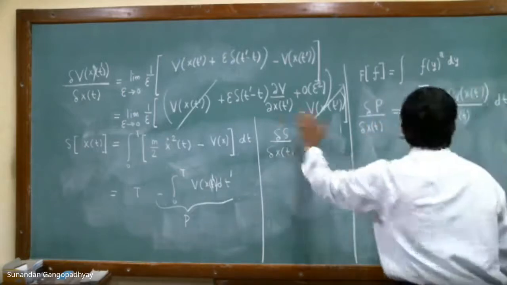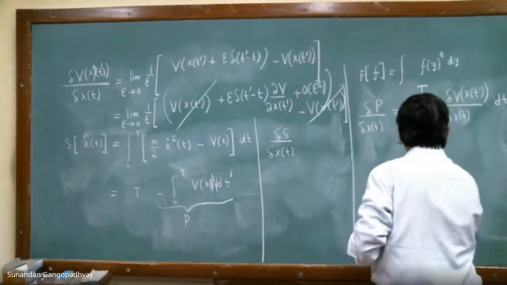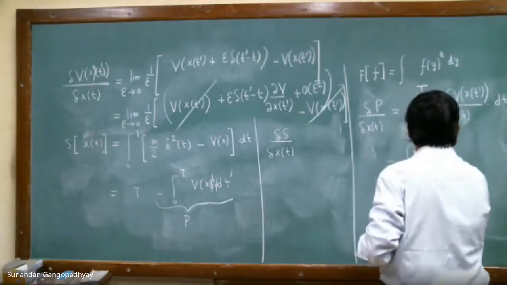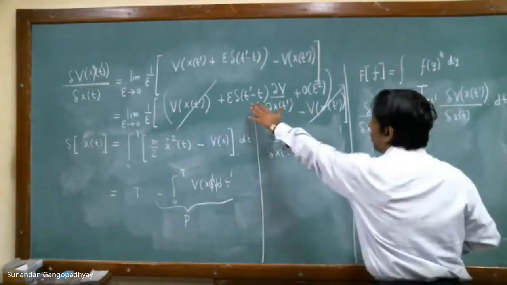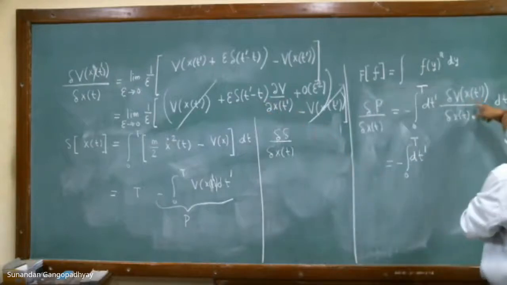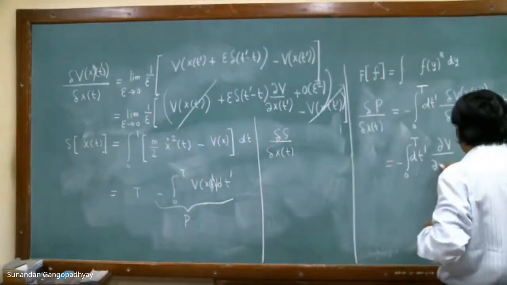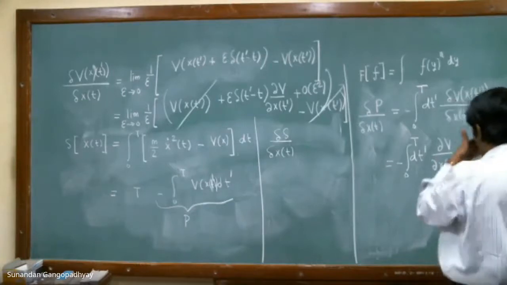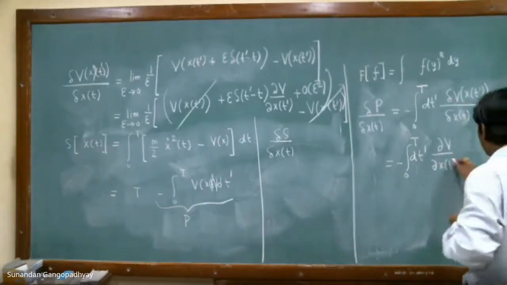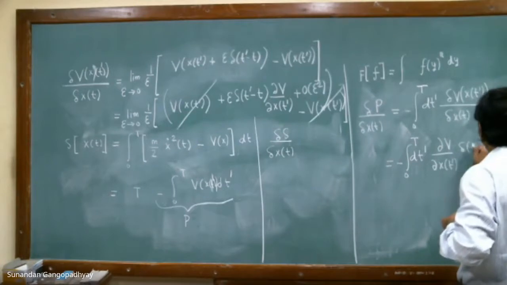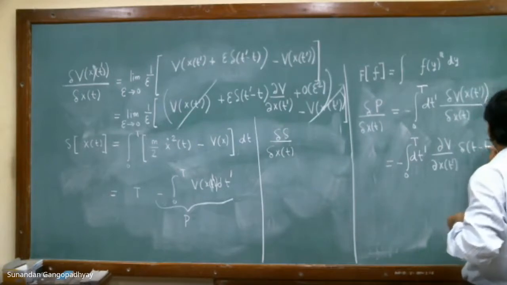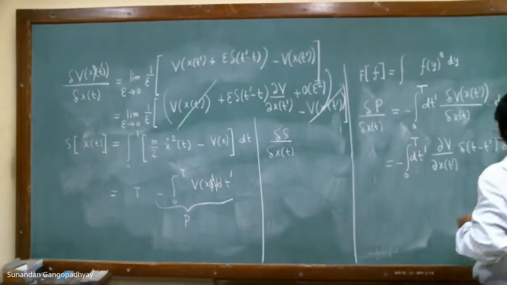But this we have just now calculated. We have just now done it. So we shall just put in the expression for that. This was calculated from first principles. So delta V, this thing is nothing but del v del x t prime delta t minus t prime dt prime.